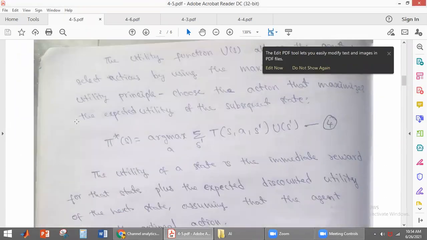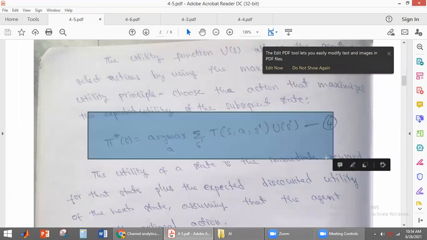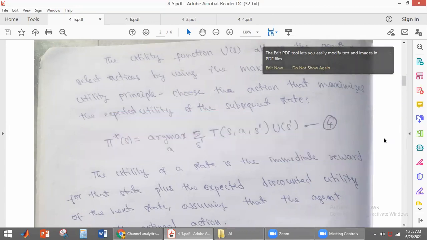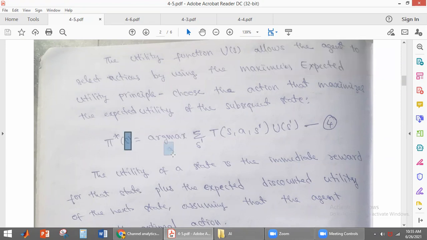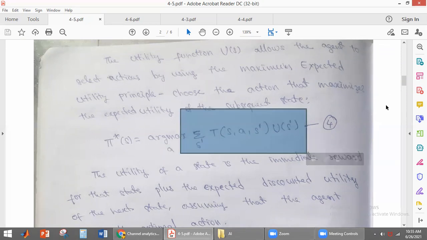Now, what are we doing here? What is the action the agent has to perform at any particular state? Pi star of s is nothing but the optimal action the agent has to perform at any particular state, so the action which gives you the maximum utility. How do you find the maximum utility of the subsequent states?